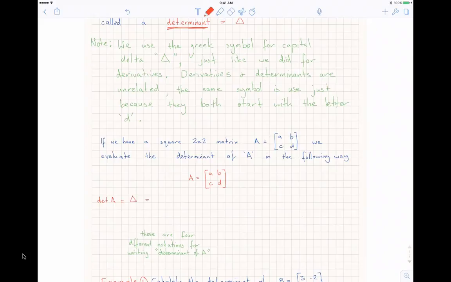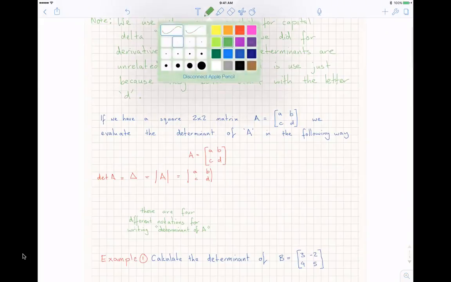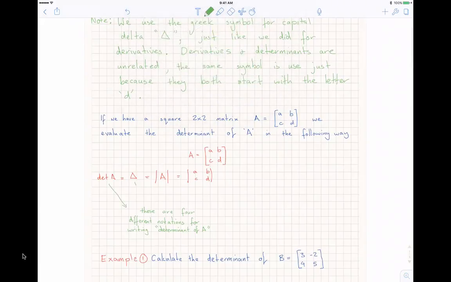You can also write the determinant as A with two straight bars around it, or we can just put the two straight bars around the matrix array, and all four of those representations are just different notations for writing the determinant of A.